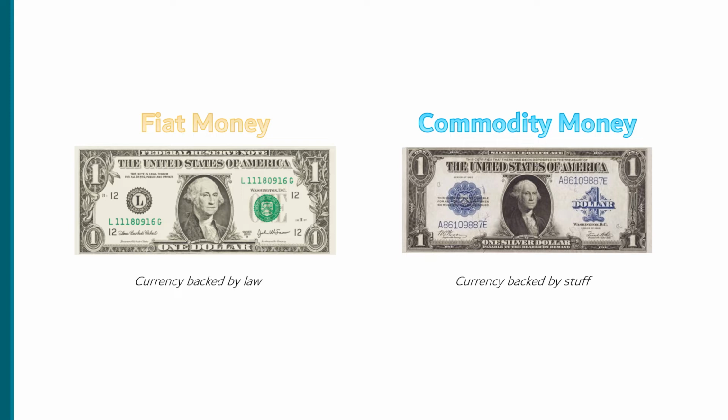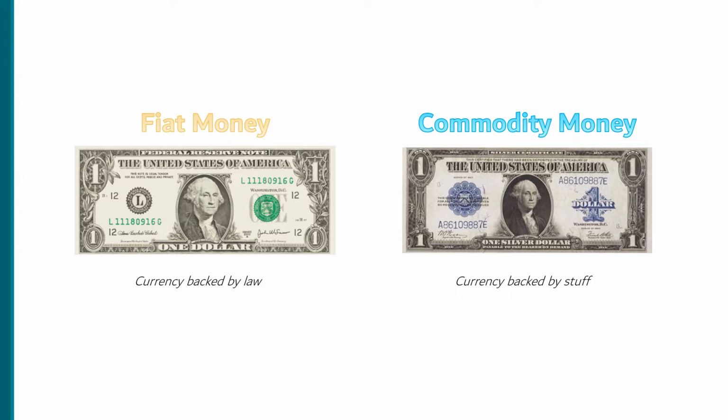Commodity money is currency backed by stuff. Throughout most of human history, that stuff has been gold or silver or some other type of precious metal. But if all the movies and television shows I've watched are to be believed, even things like cigarettes are used as commodity money in prisons.